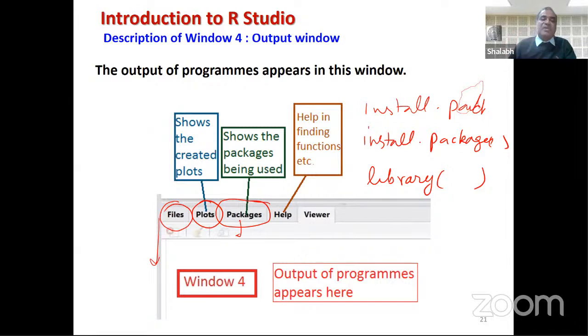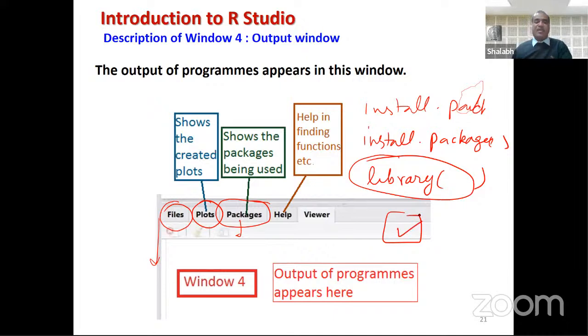Once the package has been installed, if you want to use it, then instead of using the function library, there will be a check box here that you simply have to check, and then the package will be loaded and the job can be done.